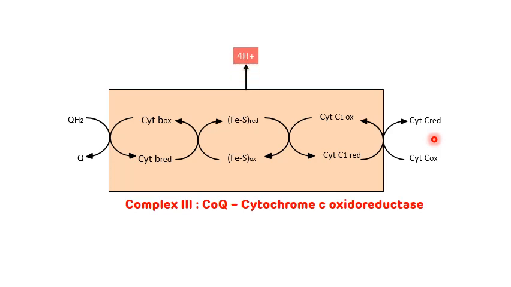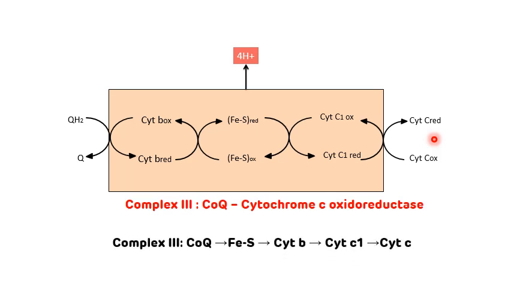Mechanism for this pumping of 4H plus in complex 1 as well as in the complex 3 is not discovered yet. And we can say that flow of electron in the complex 3 is from coenzyme Q, then FeS, then cytochrome B, then the cytochrome C1, and then to the cytochrome C. Fine.